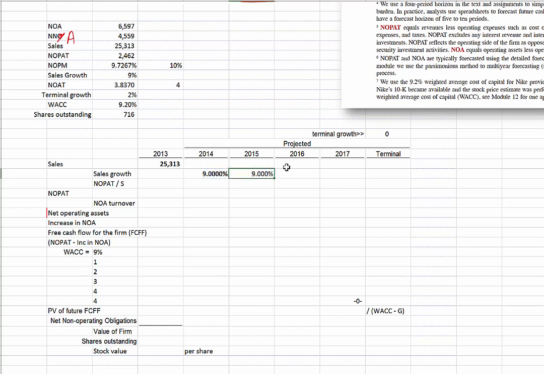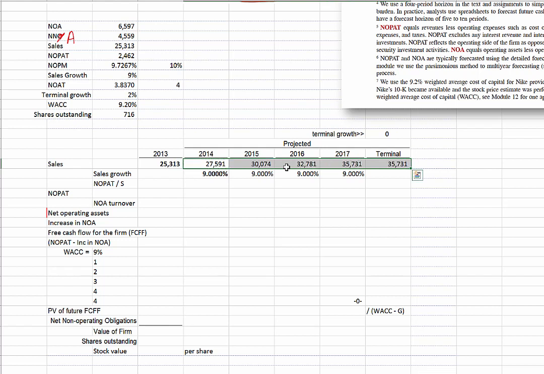And then let's copy it all the way to the terminal period. And now let's do our sales. Our estimate for sales for 2014 is 2013 sales times 1 plus the growth rate. And that gives me 27,591. So let's copy and paste that all the way out to there actually.